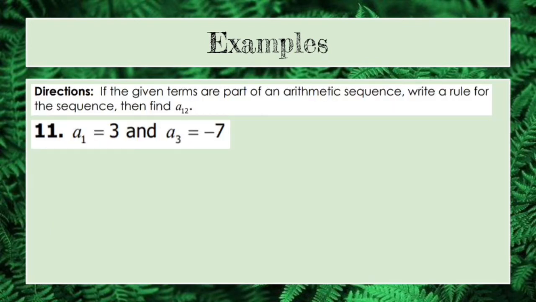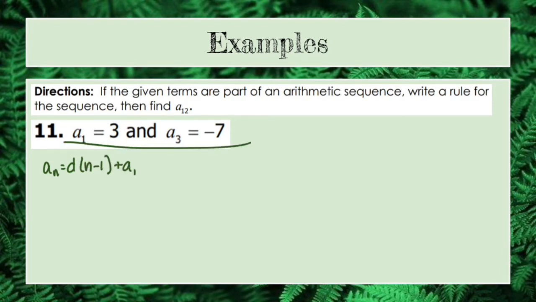Now we have a little bit of a different problem. It says, if the given terms are part of an arithmetic sequence, write a rule for the sequence, then find a sub 12. If we recall, our formula for an arithmetic sequence is a sub n equals d times n minus 1, plus a sub 1.